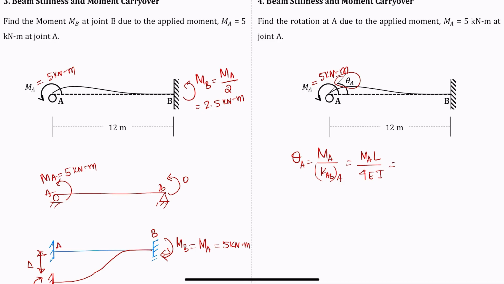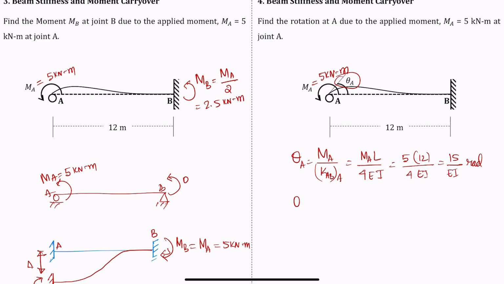If you put in your calculation 5 kilonewton, L is 12, divided by 4 EI, so this will be 15 over EI radian. So your rotation at joint A will be 15 over EI radian.